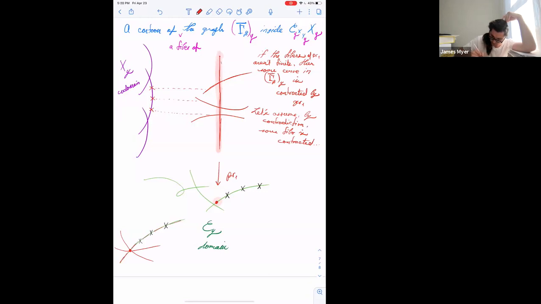But then no other one can get mapped to that component.